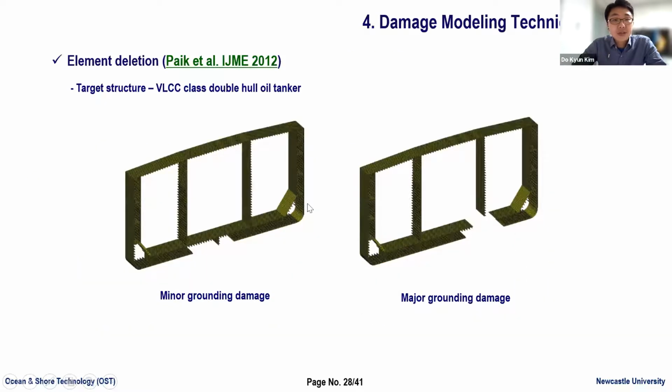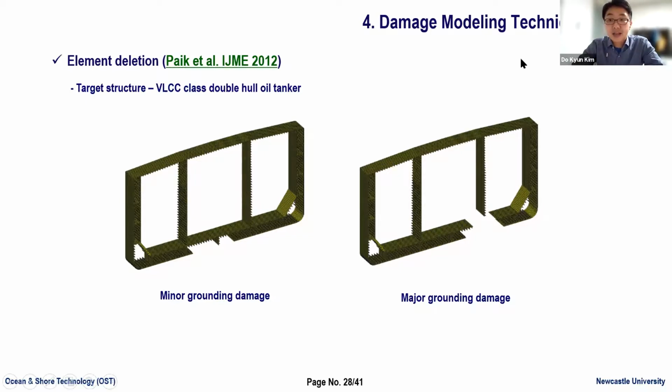So in the case of grounding damage, of course, we can assume minor or major damage. It has been relevantly selected based on the total 50 damage cases. And in the case of the modeling technique, of course, we can adopt realistic cases, but for simplification, we just assume that the rock is here and the vessel is there, and if the rock and the bottom structure are meeting, then we just remove the element.